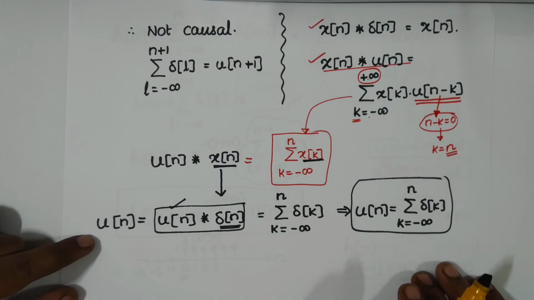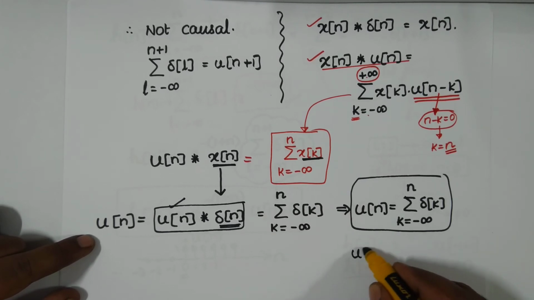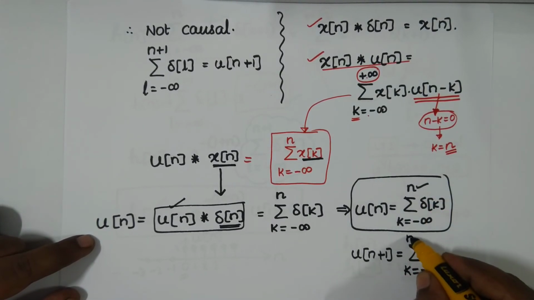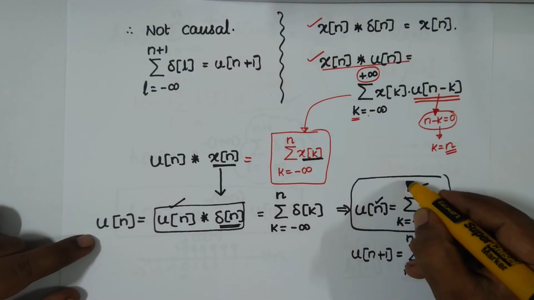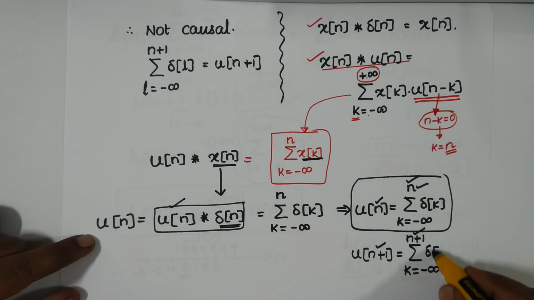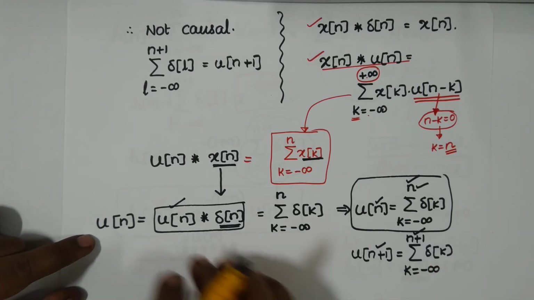Now if you want to find u of n plus 1, what do you do? Just plug in n plus 1 in the upper limit. So this n becomes n plus 1. Sometimes life is simple like this, if not always.